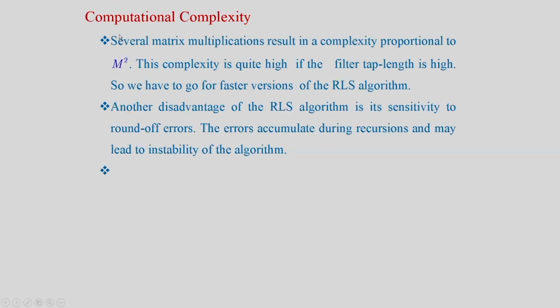Next, let us see the computational complexity of the RLS filter. Several matrix multiplications result in a complexity proportional to m square. This complexity is quite high if the filter tap length is high.